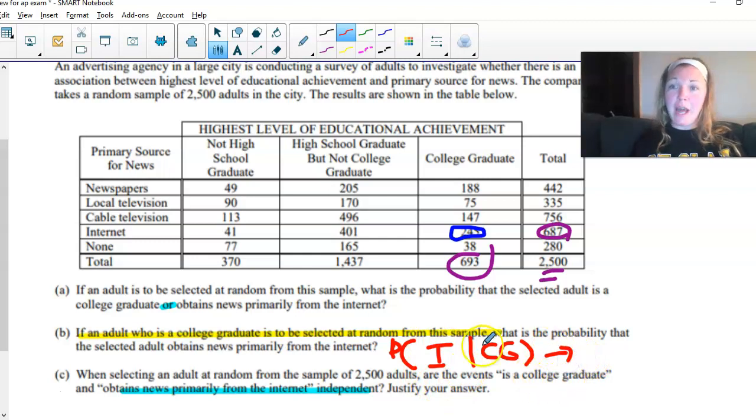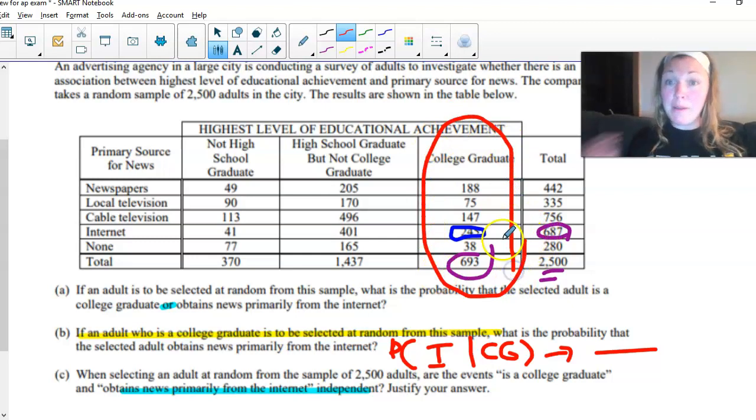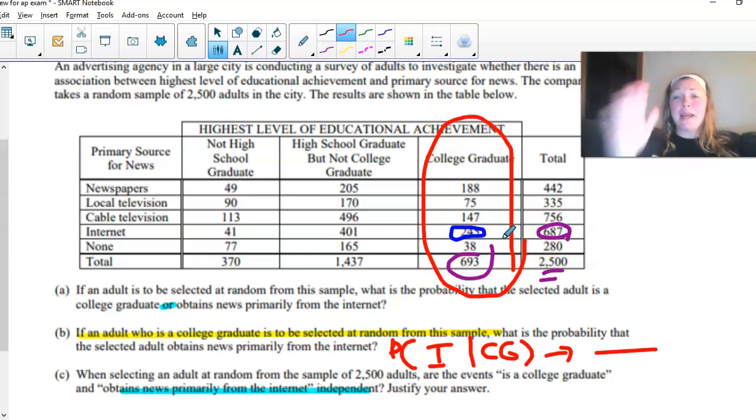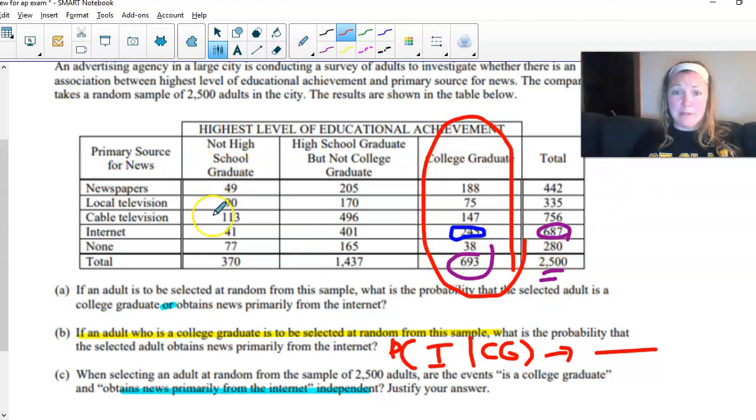And when I teach this, I teach it almost like a fraction. And I say, hey, this is my denominator, however many college graduates I have. And when you have a two-way table, just circle whatever the given is, because that makes it easier. That kind of takes away, hey, I'm not going to be using any other numbers. My numbers have to come from this column. The total number of college graduates goes in the bottom. Okay, that's 693. And then in the top, the numerator is always both. That means they have to be a college graduate and get their news from the internet. So that's, I think, is that 245 or 243? I can't read it right now.